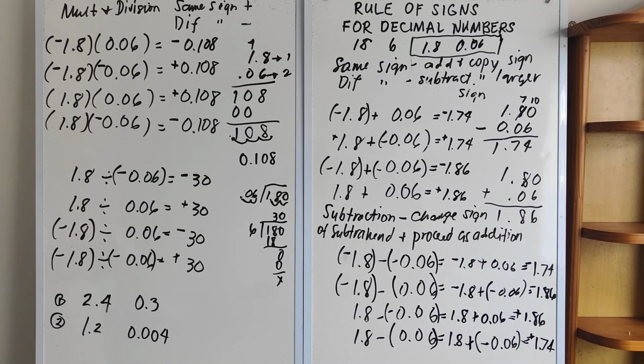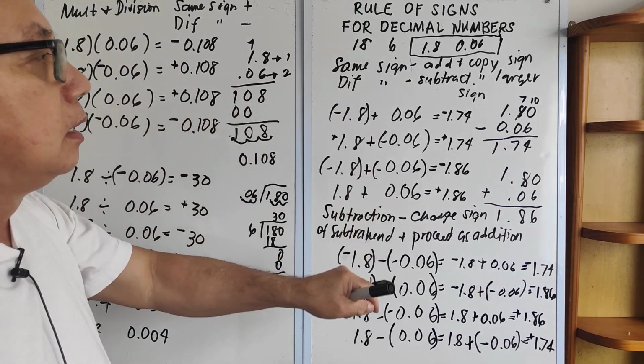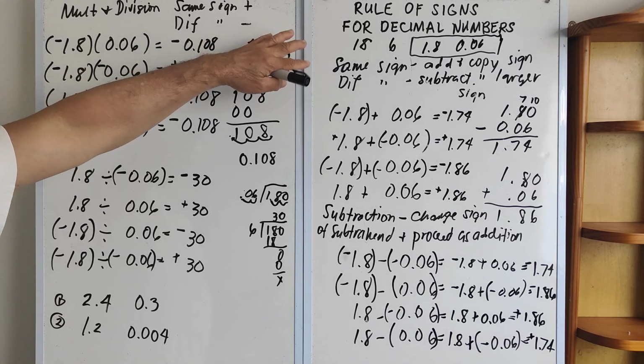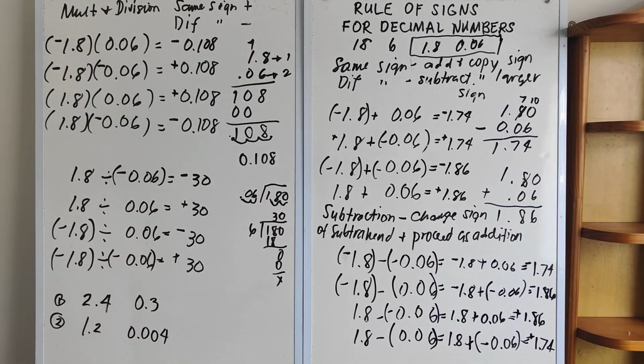So it's important to do exercises, because some people have a lot of problems with signs, especially with decimals and fractions or even whole numbers. So if you keep doing exercises like this, you will be having a perfect answer.